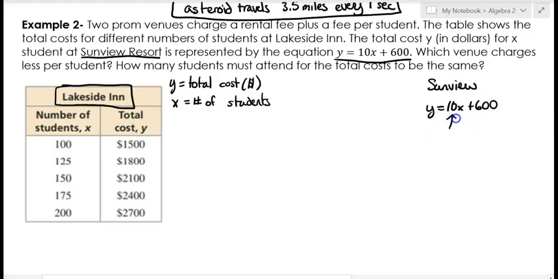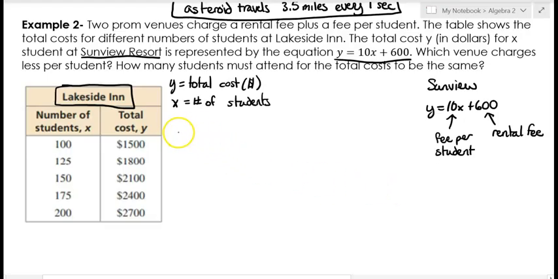So this fee, the slope, is the fee per student, because it changes based on how many students you have. So x is the number of students. As x increases, it goes up by $10 for every student. Then the $600 is just the flat fee, so that would just be the rental fee, because it does not have a variable by it, so that means it's just a one-time rental fee.